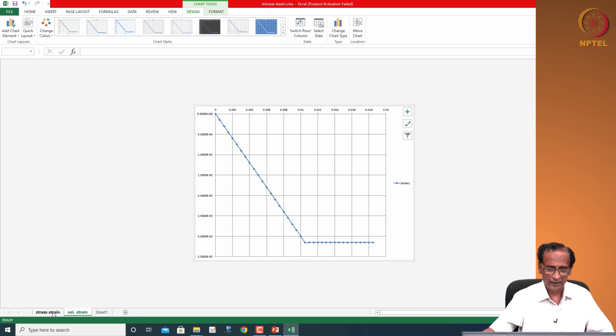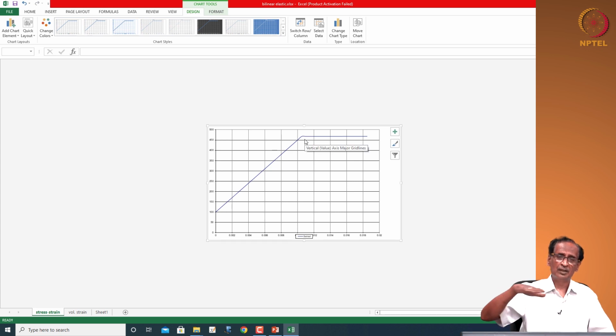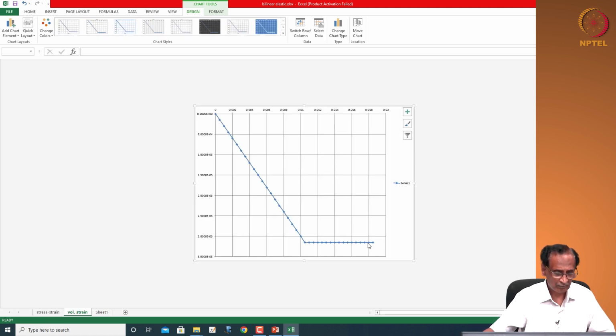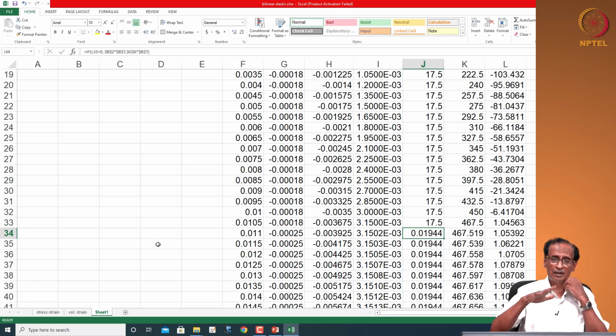So, at least these two aspects we are able to satisfy, that after failure the shear stress should remain constant, and then after failure your volumetric strains should remain constant. So, the bilinear elastic model is able to represent some aspects of our stress strain relations that we have developed, that beyond the plastic limit the stress will remain constant, and then the volume will remain constant.